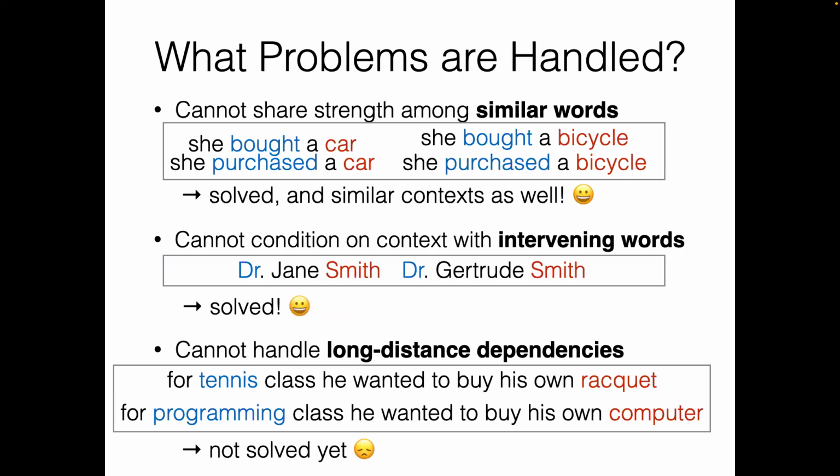Okay, so just really quickly, this can help overcome these first two issues. And I mentioned this earlier: in the next lecture, we'll talk about handling these long distance dependencies. But that is the neural language model, or neural Ngram model.